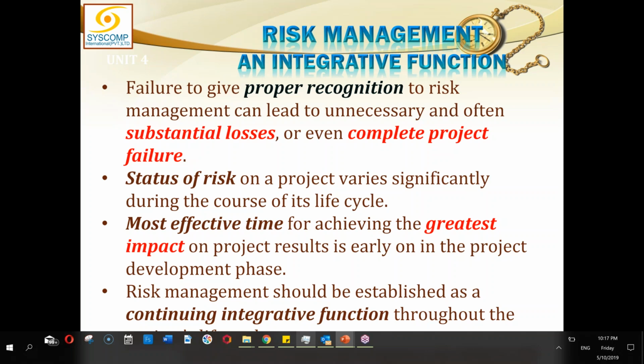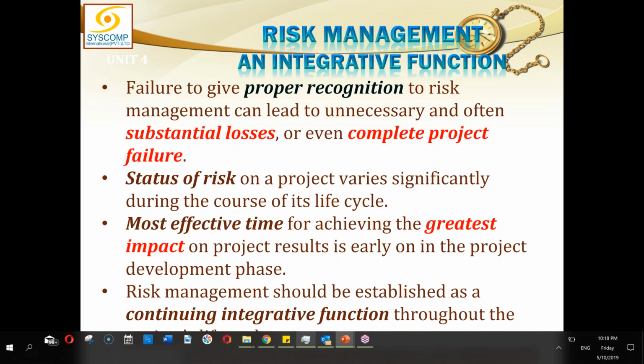Risk management should be established as a continuing integrative function throughout the project lifecycle. You must understand that, like we were discussing the processes, there are processes in project management which are done only once, there are processes which are done at certain intervals, and there are processes which are continuous in nature.